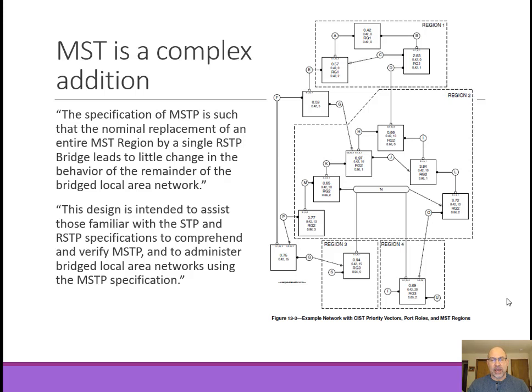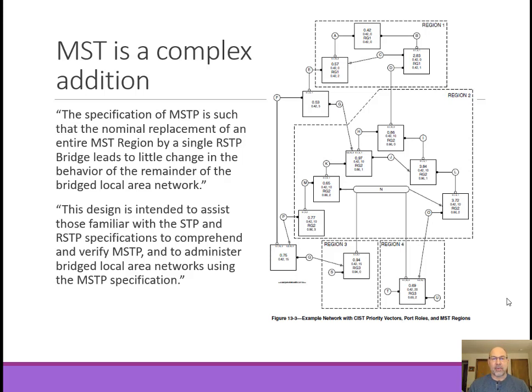The standard has some diagrams that are really straightforward and some of them that are just painful to try and understand because they've got so much symbology and everything else. But here is an example of the MST diagram right out of the standard. And it's confusing enough, or it's complex enough, that they've included statements like this.